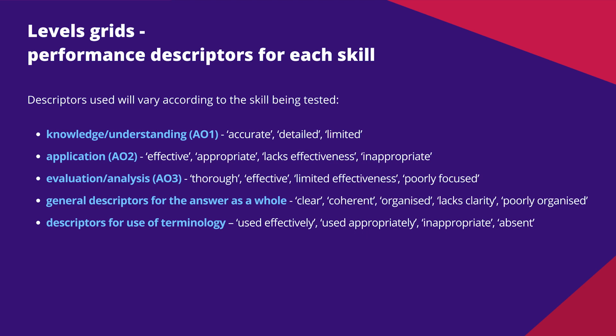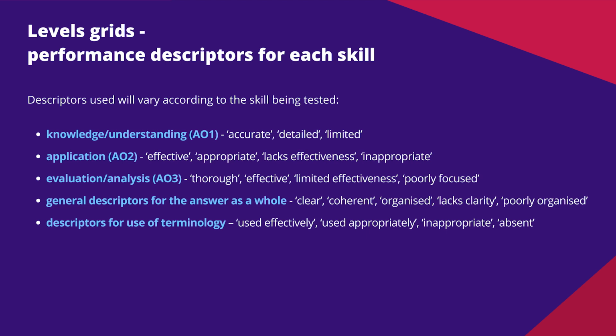Notice how words like accurate and detailed are used for the knowledge AO1 skill, and words like effective and appropriate are used for the application AO2 skill. For the AO3 skill of evaluation and analysis, words like thorough, focused, and effective are often used.